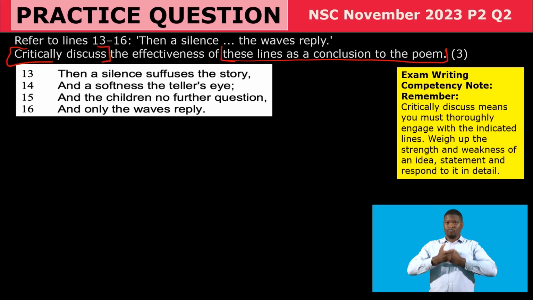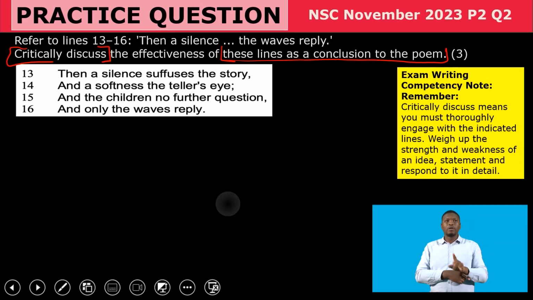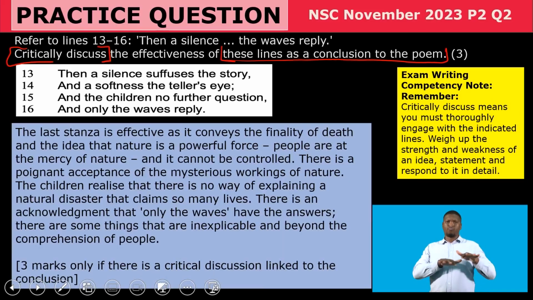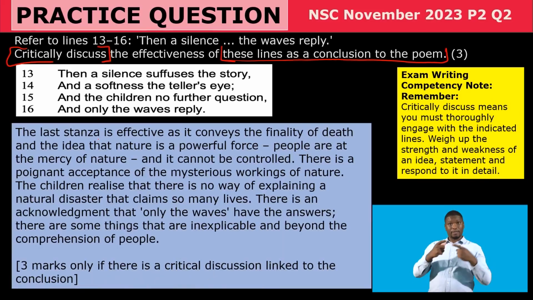It says, "Then a silence suffices the story, as a softness the teller's eyes, and the children no further question, and only the waves reply." The last stanza is effective. So here we are saying whether it's effective or not, but that will not give you a mark.